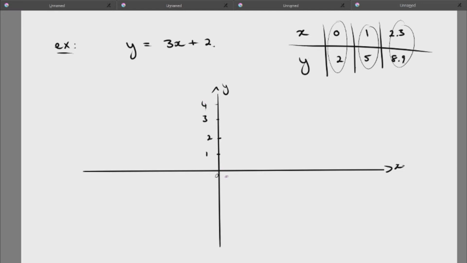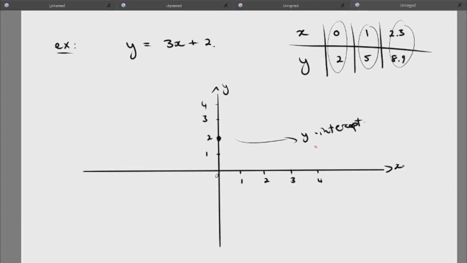X will be 0 over here. Let's say this is 1, 2, 3, and 4, and I'll add more numbers if I need to. The point 0, 2 is going to be the point right there. So that is also going to be the y-intercept, the point that sits on the y-axis.